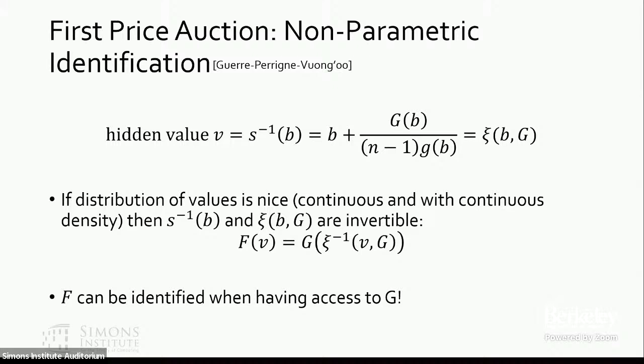And then it's a matter of saying, okay, I give you samples from values, you can find what the CDF is and the PDF is. You can also write it down formally based on these mappings, but that's the idea. Right? So that means that the distribution of values is point identified if someone gives you access to the distribution of bids.